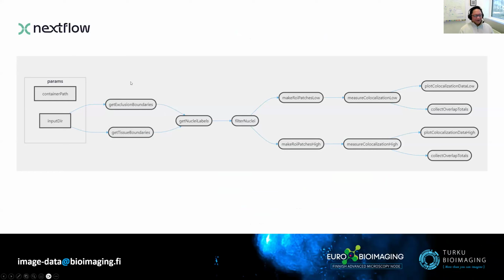And you can see here a flow diagram of how the data goes, from getting the exclusion boundaries, the tissue boundaries, nuclei labels, filtering things, and then adding thresholds for the sampling percentage of how many nuclei we're going to get from the slide, and then outputting the data this way.